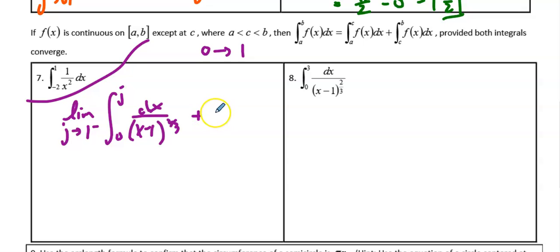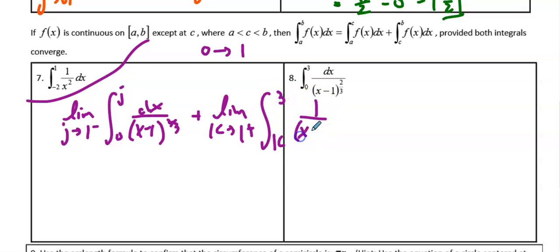And we're going to do plus the limit as k, it's sad that I had to think for a second what the next letter was, k approaches 1 from the right, and this is going to be k to 3 of 1 over x minus 1 to the 2/3 power dx.